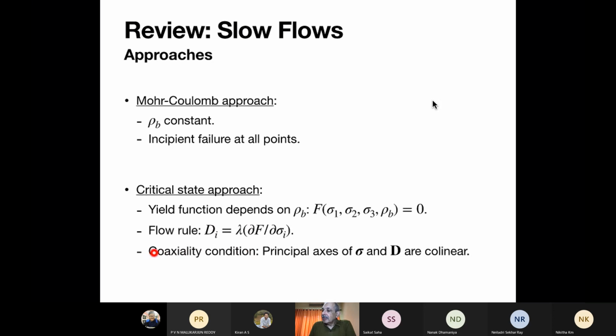And then you have the coaxiality condition, which says that the principal axes of the stress and the rate of deformation tensor are collinear. So wherever your stress is maximum, that's where your deformation is also maximum. So these are the two approaches which we will look at. There may be others also, but this gives at least some overview of how we can look at slow flows.